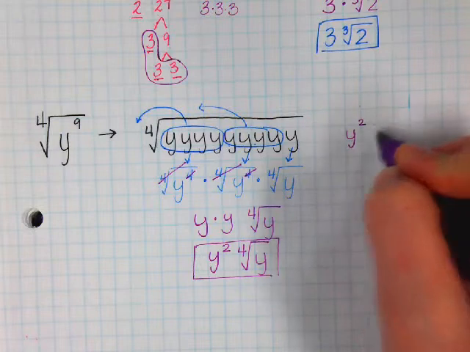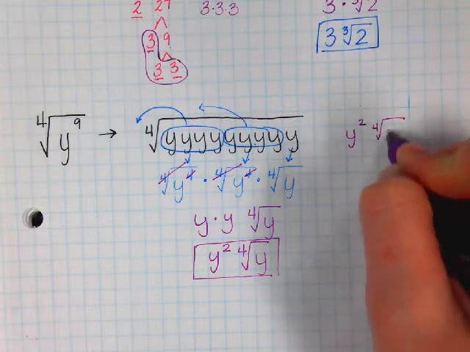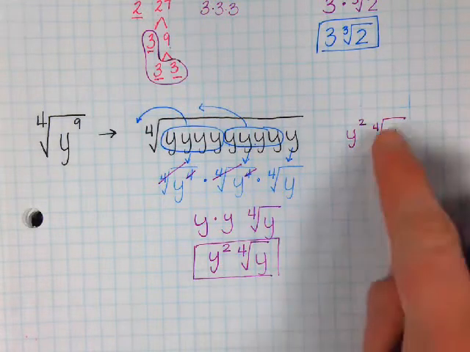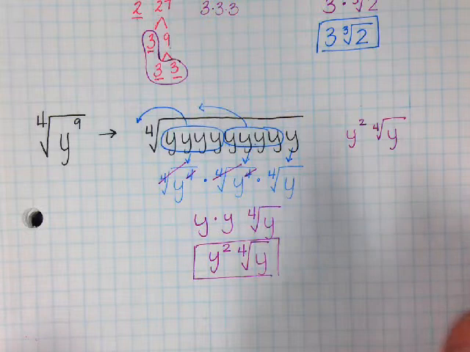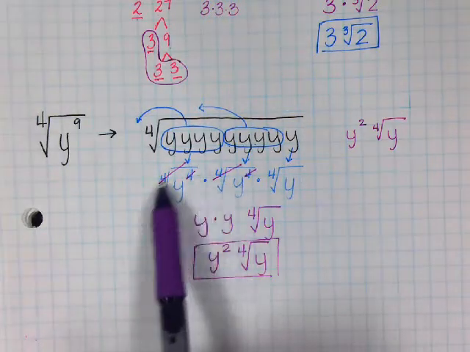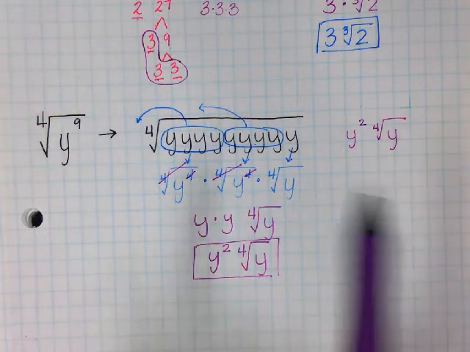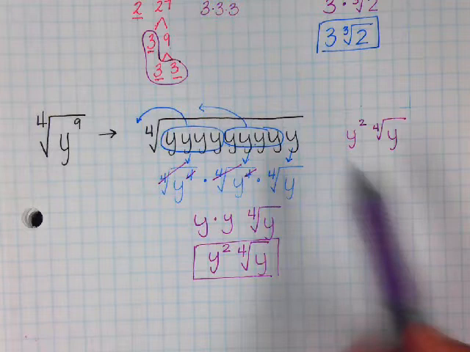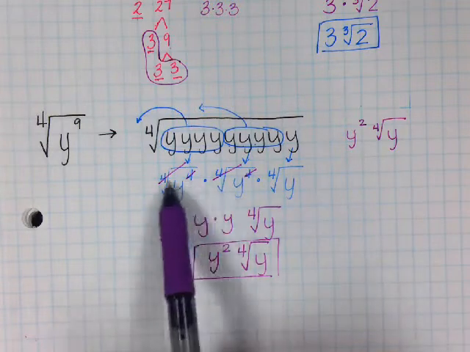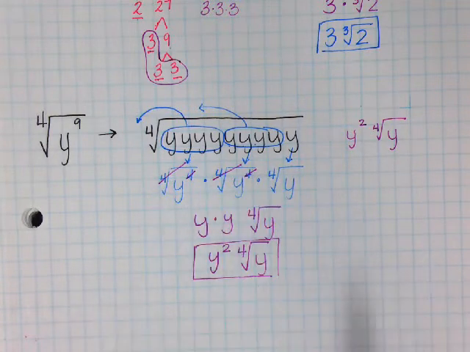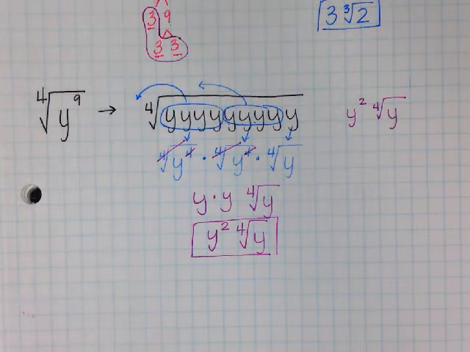So you could say you pulled out y squared and then the fourth root of y. Either way, it's the same thing. I just think that since you guys are more used to canceling out square roots and squareds, then this makes a little bit more sense.